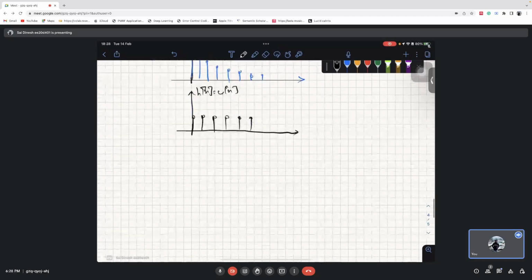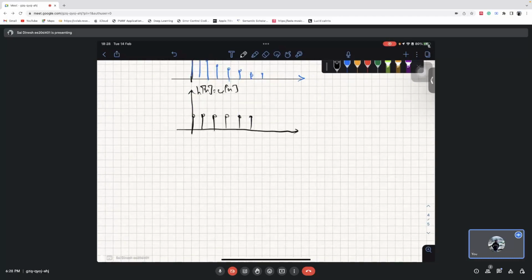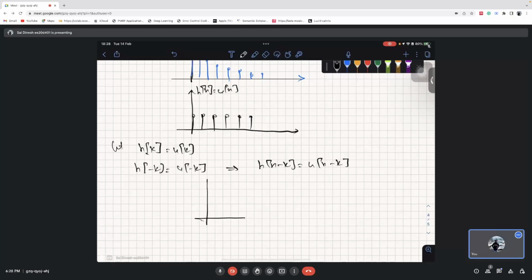So if h of n is u of n, or let k be the variable here, so h of k is u of k, then h of minus k is u of minus k, which implies h of n minus k is equal to u of n minus k.